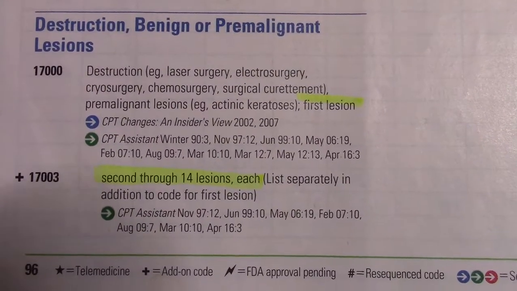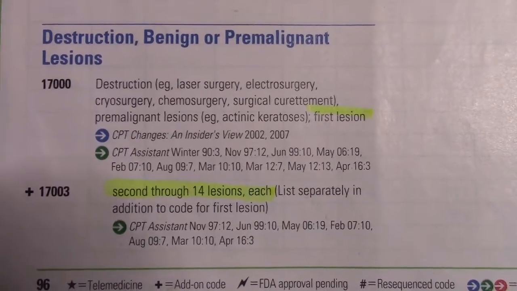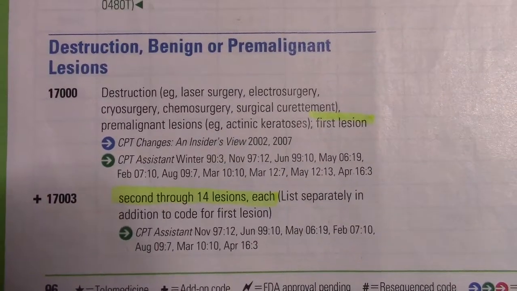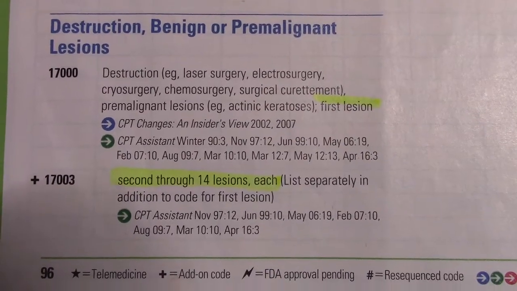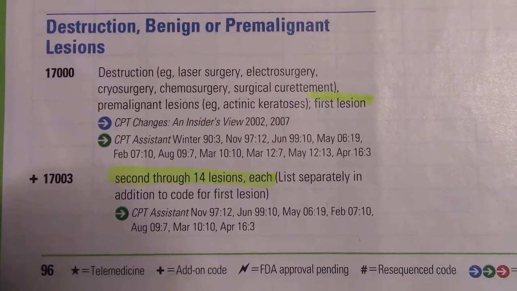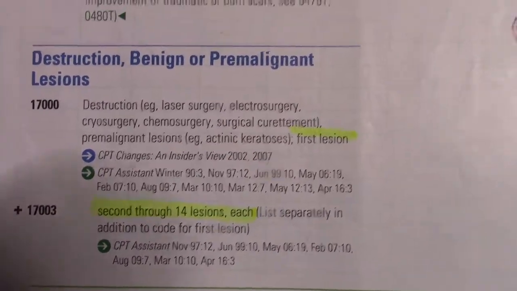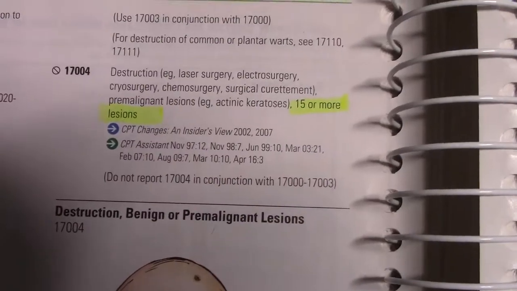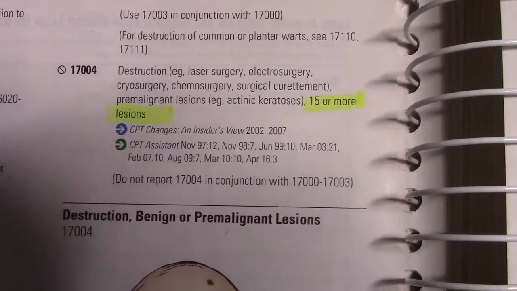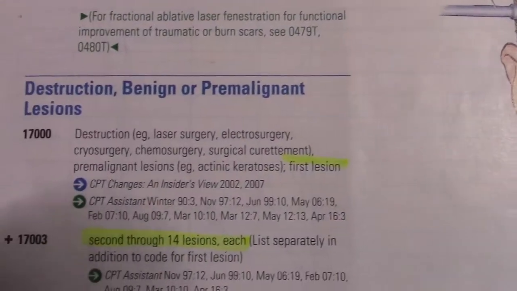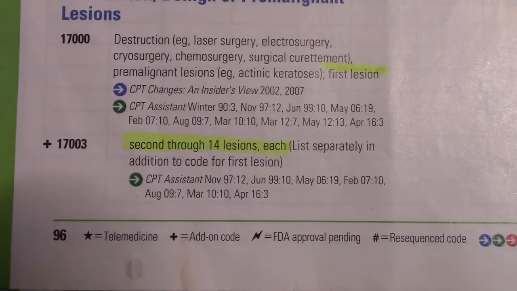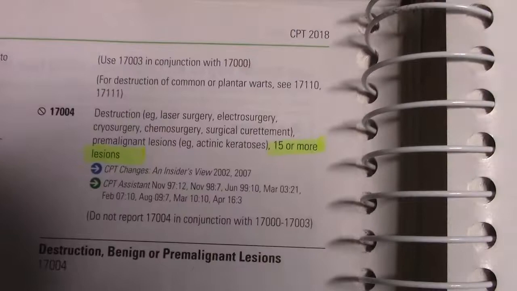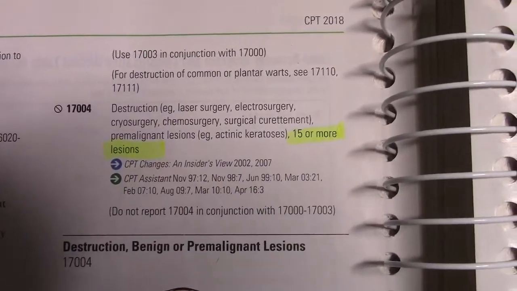But in order to use that 17003 code, you have to use that 17000 first for the first lesion, and then you can use the 17003 for the 2nd through the 14th. But again, if it's greater than 15, just assign the 17004. And just as I gave you that rule for number 1 lesion, 17000, 2nd through the 14th lesion, 17003, and then anything greater than 15, just use the 17004 code.